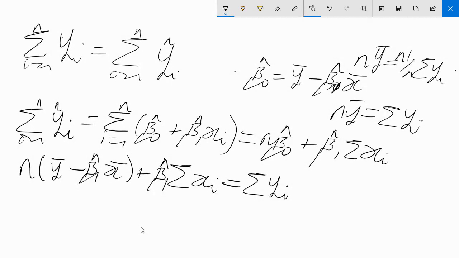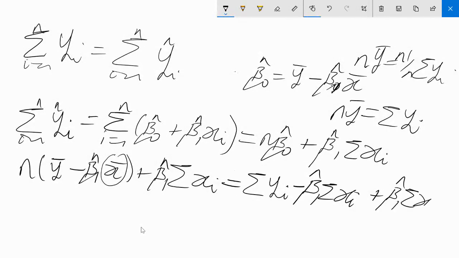Then I multiply x bar with n. It will also give me summation of xi, because n x bar is equal to summation of xi. So here I will have minus beta 1 hat summation of xi, because x bar now changes to summation of xi when I multiply it with n, plus beta 1 hat summation of xi.